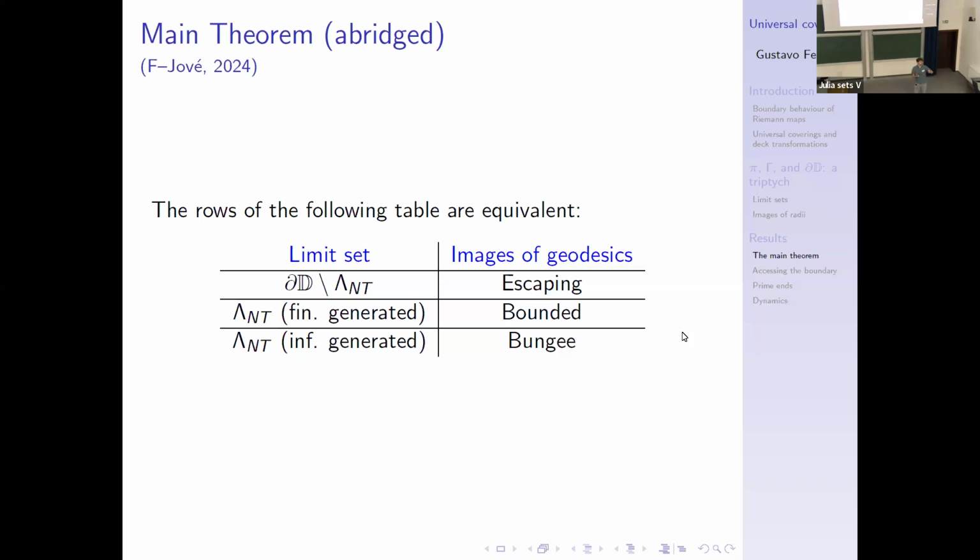Basically, you can think of these guys as being the points that belong to the non-tangential limit set of some finitely generated subgroup of the deck transformations, right? And these guys will be the ones that do not belong to the non-tangential limit set of any finitely generated subgroup of the deck transformations, which is a bit of a mouthful, but it will hopefully make more sense in a bit.